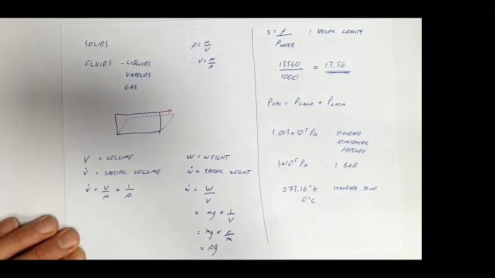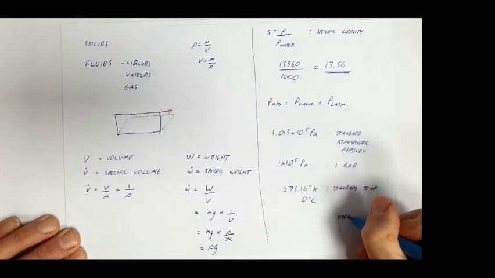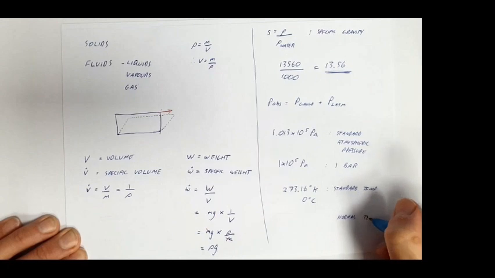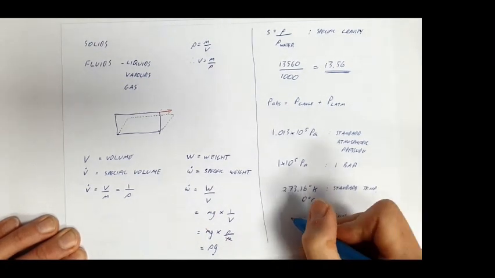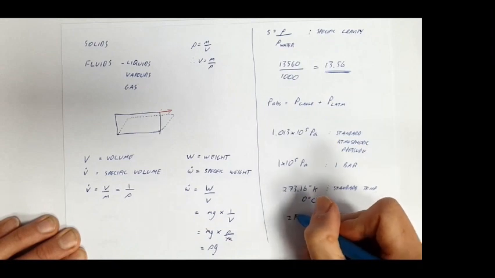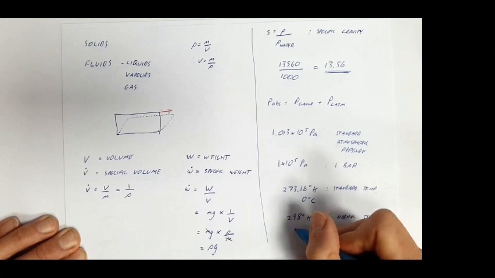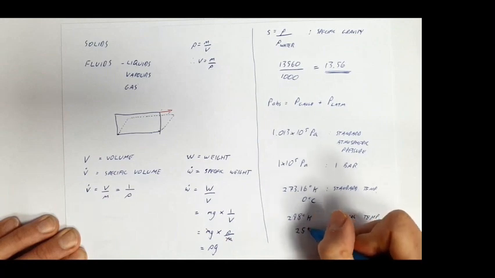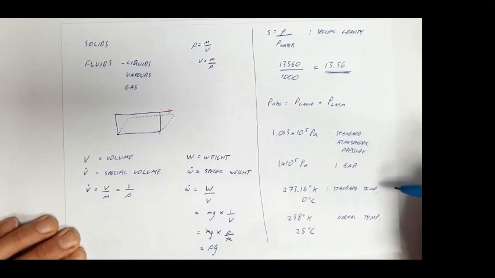Our normal temperature is actually 298 degrees Kelvin or 25 degrees Celsius. Okay, so standard temperature and normal temperature.